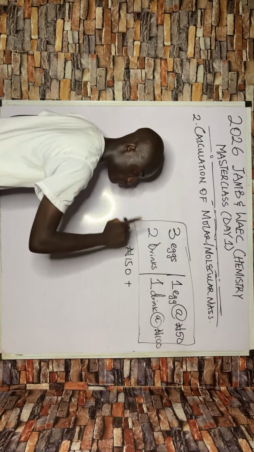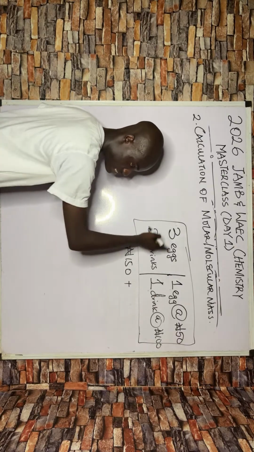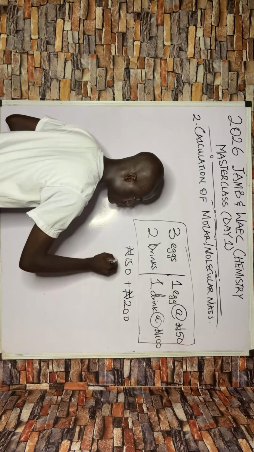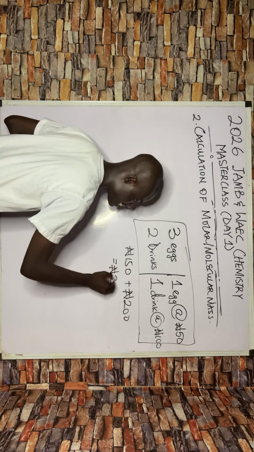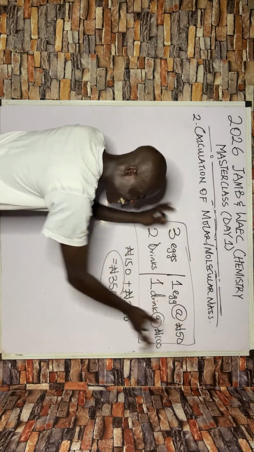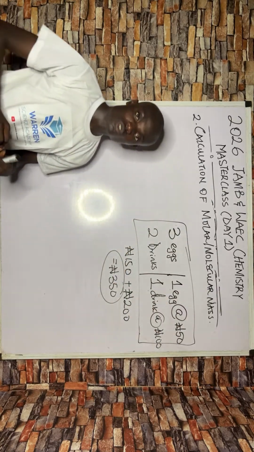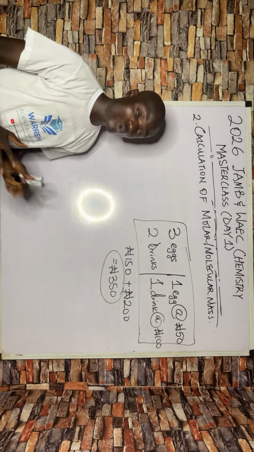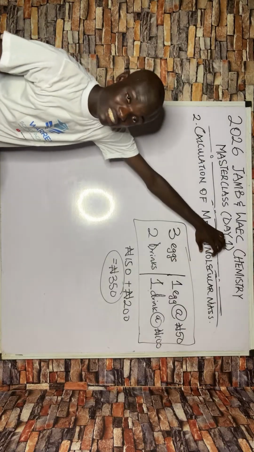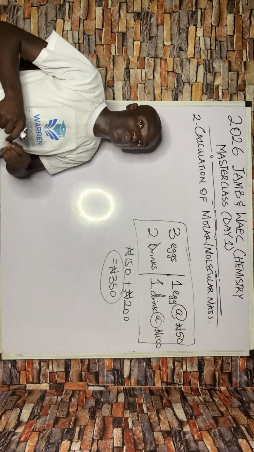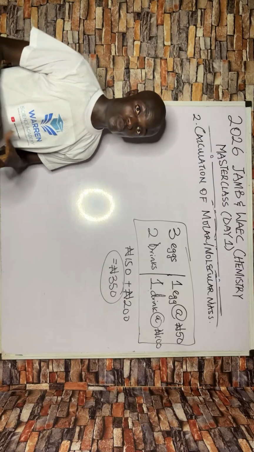Then if 1 bottle of a drink costs 100 naira, these 2 bottles will cost 200 naira. So at the end of the day, this will give us 245 naira. So this is the cost of this entire composition. That entire composition is what we call a molecule or a mole. If it happens in chemistry, the mass of that entire thing is what we refer to as the molar mass or the molecular mass.